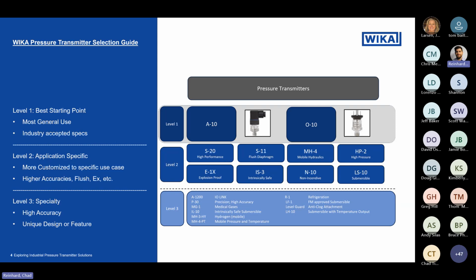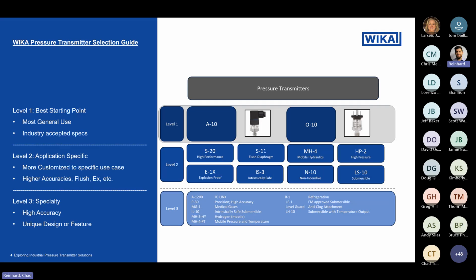S11 is essentially an S20 with a flush seal on it. So instead of needing a full-blown diaphragm seal, say taking an A10 and putting a WIKA diaphragm seal on it, the S11 has a seal built directly into the process connection. It's a good product to turn to if you have any particulates.